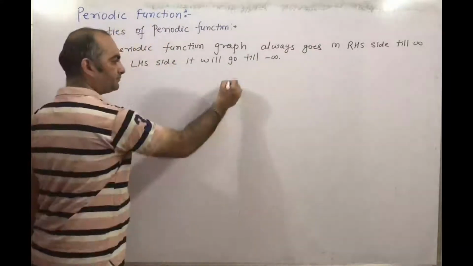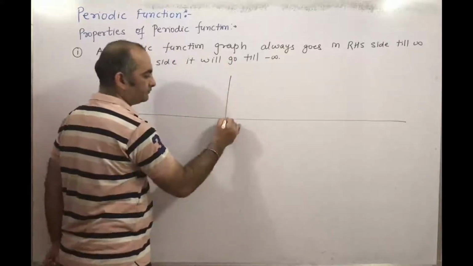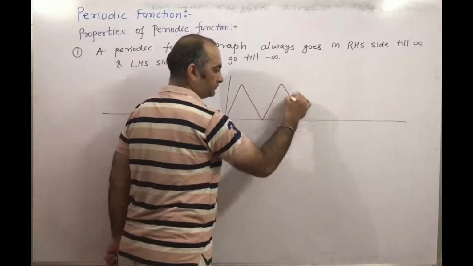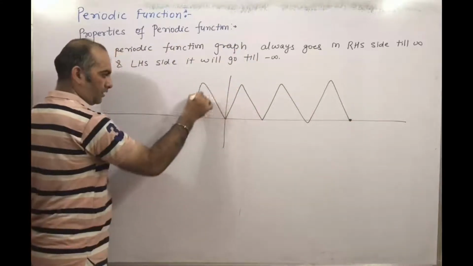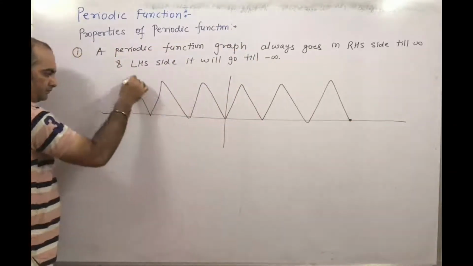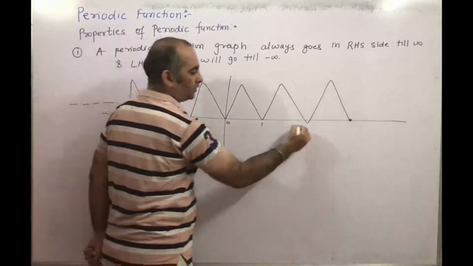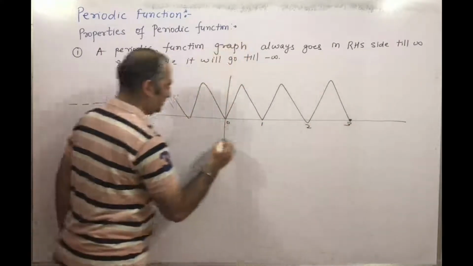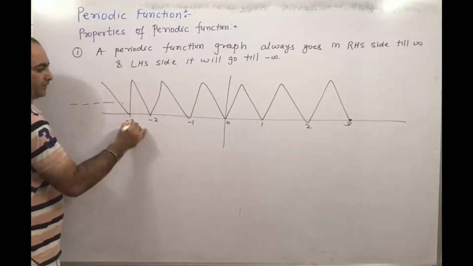That means if I have one graph, and this side is continuous, so this is 0, 1, 2, 3, this is minus 1, minus 2, minus 3, and it will be continuously going.